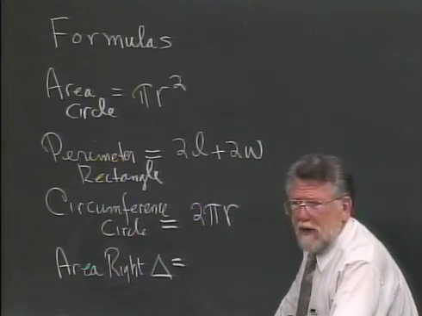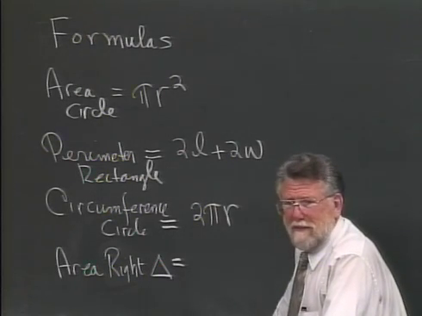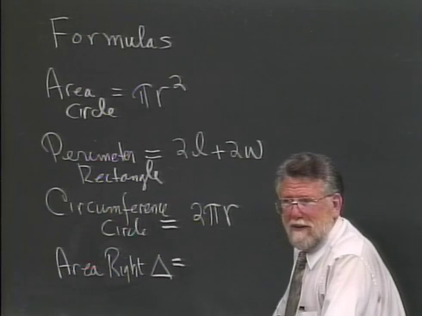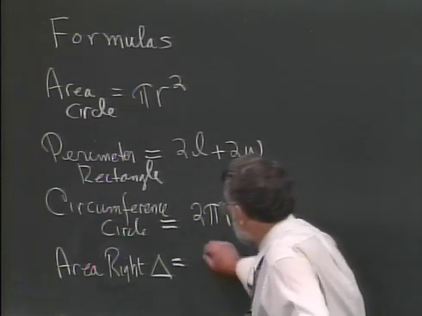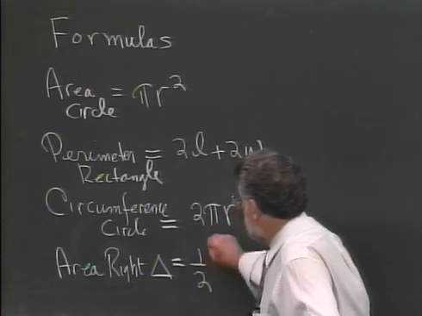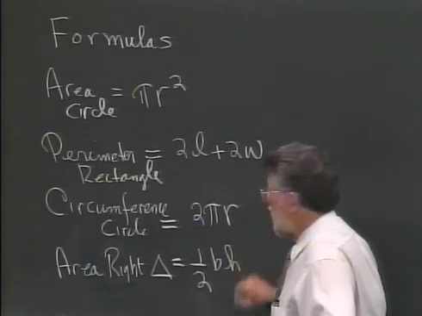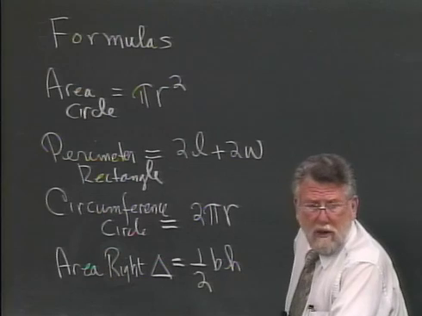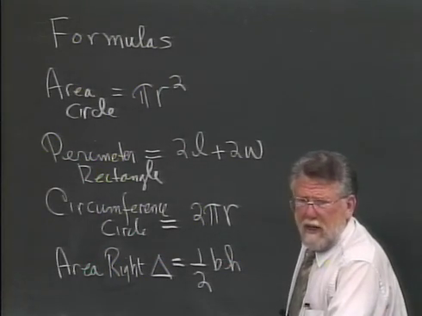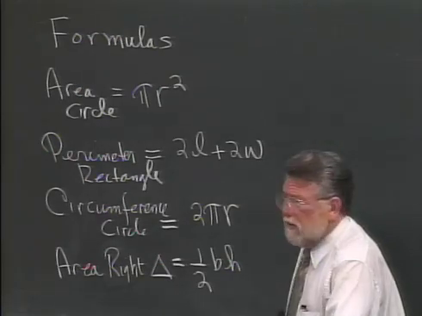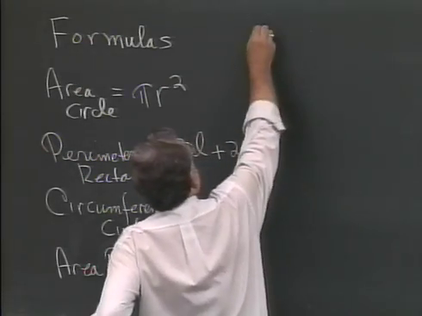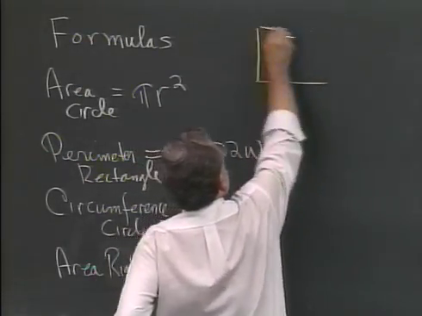Now, the area of your right triangle. It's got a fraction in it. It's half of a rectangle, right? So it's 1/2 the base times the height. Again, you can put x's between. Now, how do you remember that one? Well, you can remember it by drawing a rectangle. Let me just sketch something here briefly.